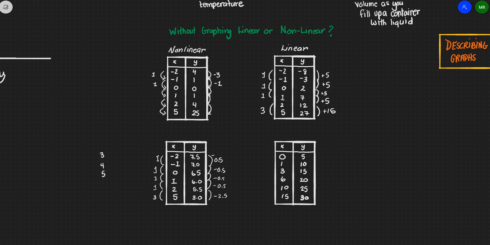Well, if 2 was 5.5, 3 should have been 5. Sorry, 5.5 minus 0.5 is that. 4 should have been 5.0. And 5 should have been 4.5. But that's not the case. So in other words, there should have been a jump of 1.5 units less. However, this one is a little bit more. So this one is also nonlinear.